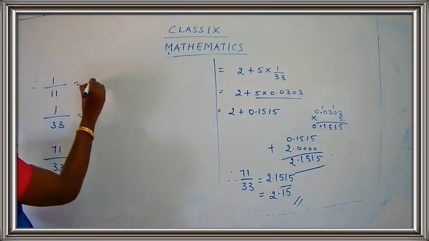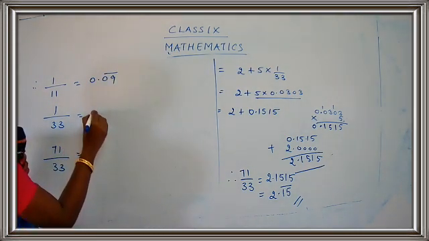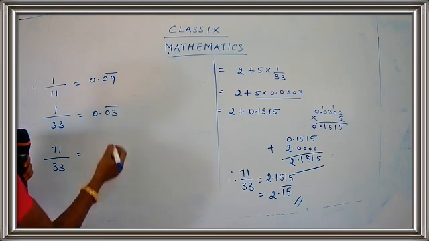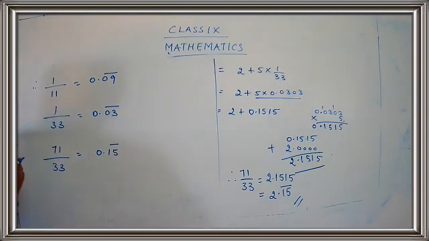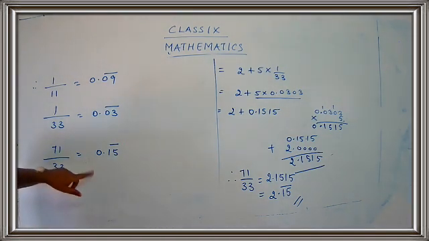It's 0.09 bar, 0.03 bar, and 0.15 bar. This is the answer. So write down the final answer. 1 upon 11 is equal to 0.09 bar. 1 upon 33 is equal to 0.03 bar, and 71 upon 33 is equal to, yeah, this is 2.15 bar.